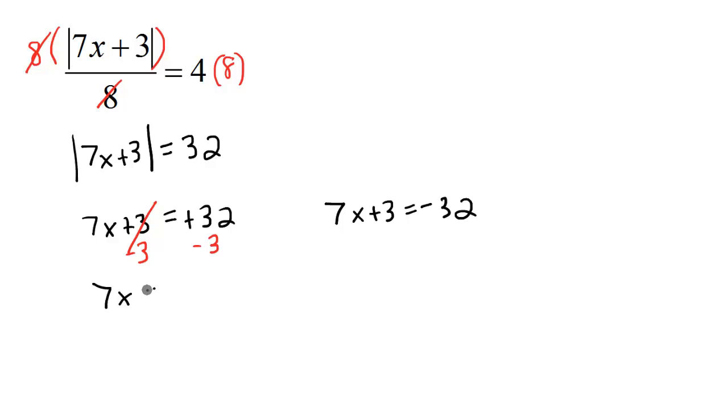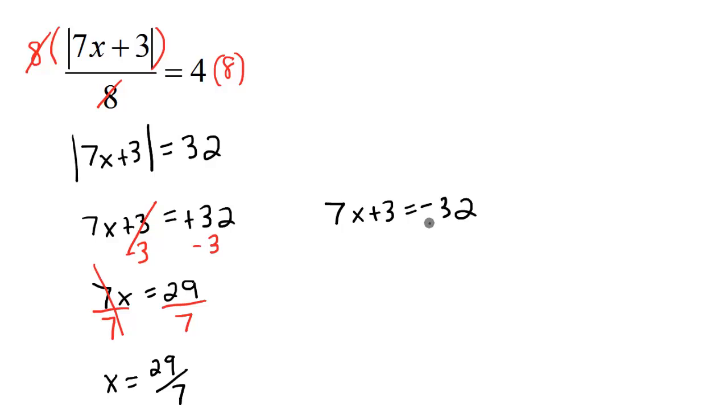I'm left with 7x equaling 32 minus 3, which is 29, and then I undo multiplication here by dividing by 7. Those cancel out, and then this side gets divided by 7, which gives the final answer of x equaling 29 over 7. And there's no way that 29 over 7 can reduce, so we leave it like that.